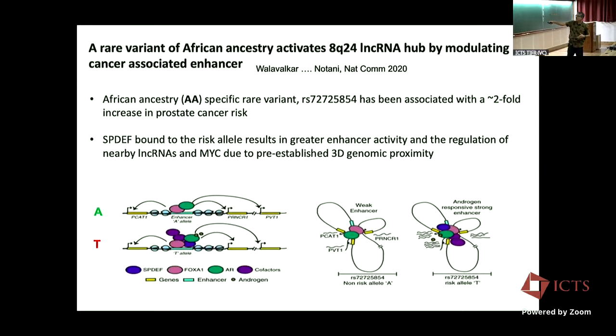But the risk allele really strengthens this binding and turns up a bunch of lncRNAs and MYC in that locus. And that kind of functionally links this variant to prostate cancer. And we said, okay, so this is our poster child, and we do it in a genome-wide fashion. In the process, we detect this and a bunch of other things, and what those other things might tell us. So that's what we did in this project.